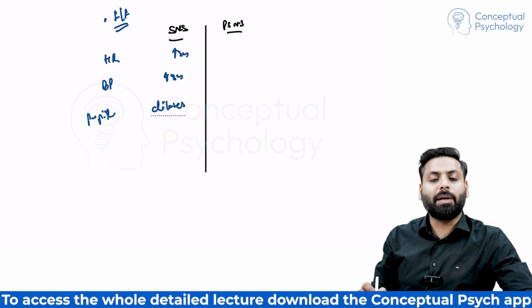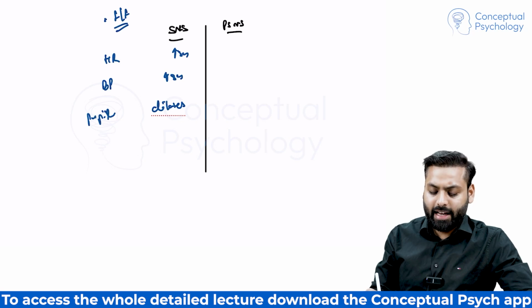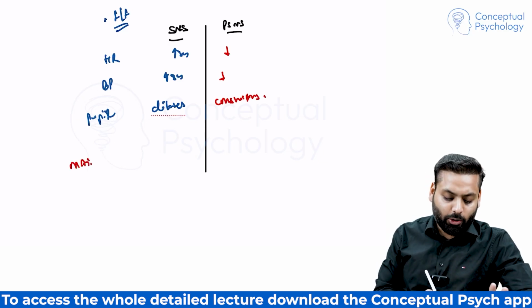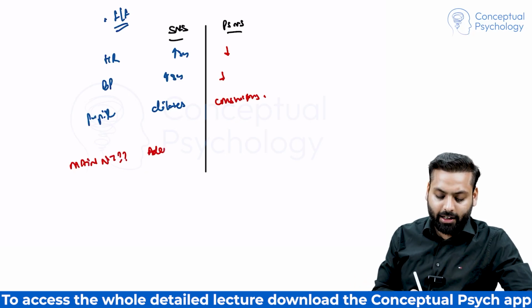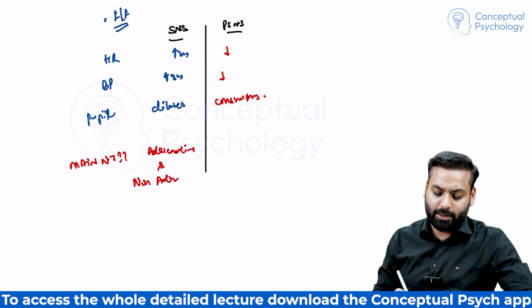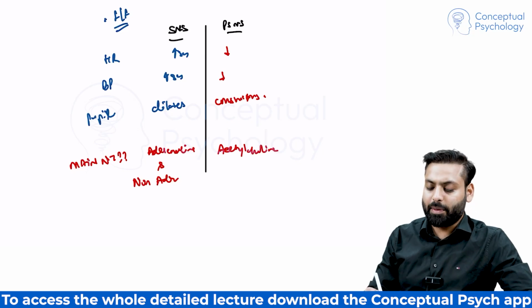Heart rate increases, BP increases, pupil dilates. Whereas in the parasympathetic nervous system, heart rate decreases, BP decreases, and the pupil constricts. Now, they will ask you the main neurotransmitter. The main neurotransmitter for the sympathetic nervous system is adrenaline and noradrenaline, whereas for the parasympathetic nervous system it is acetylcholine. Remember this, okay?